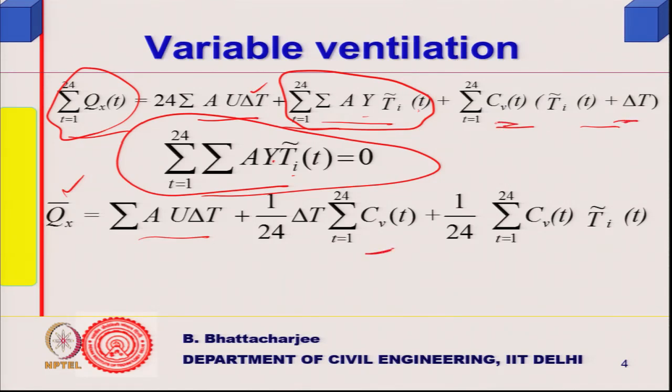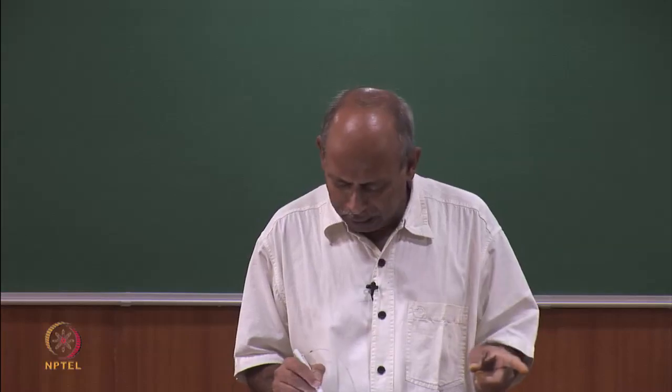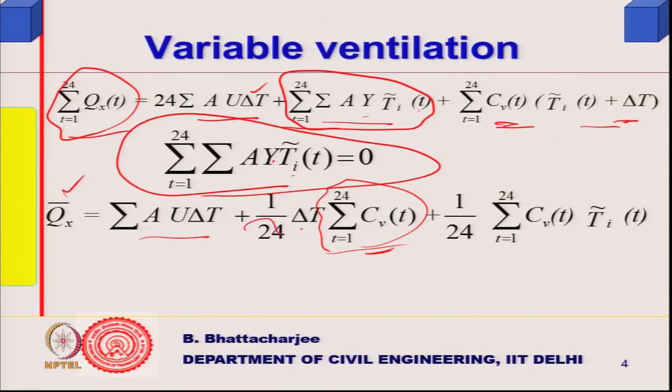Delta t is constant, this Cvt summed up for 24 hours and divided by 24 gives me the average Cv, the mean Cv. So mean Cv into delta t plus Cvt into Tit swing summed up for all 24 hours divided by 24.